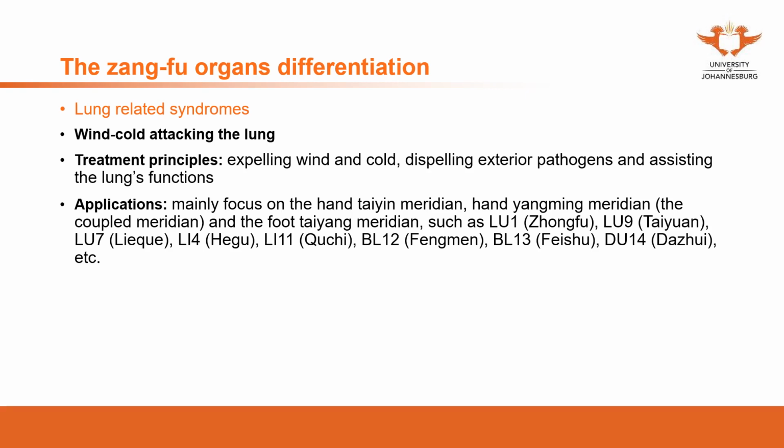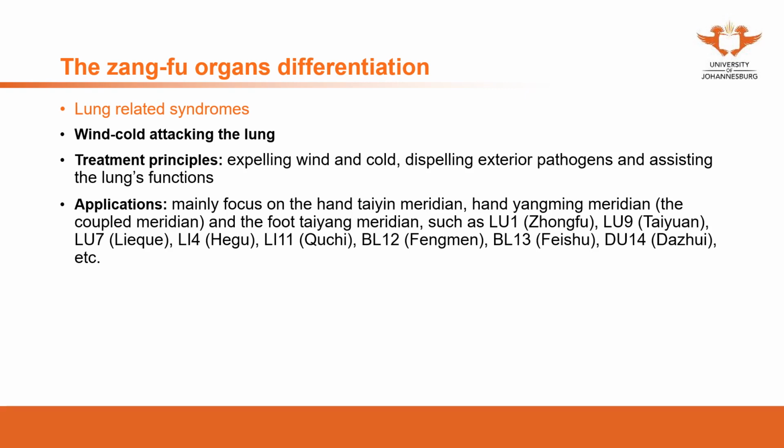Firstly, the lung-related syndromes. In order to understand these syndromes, you need to understand the functions of the lung, the location of the lung, the connection of the lung. The lung sits in the chest, in the upper chest, in the upper part of the body, in the upper jiao.